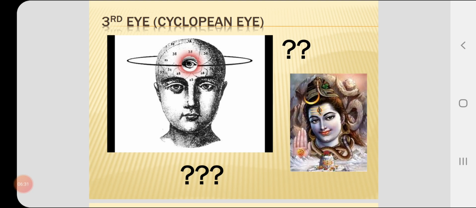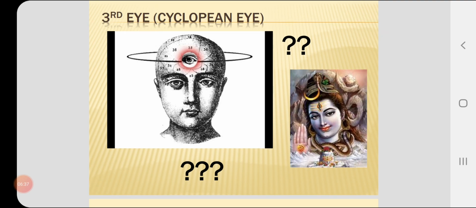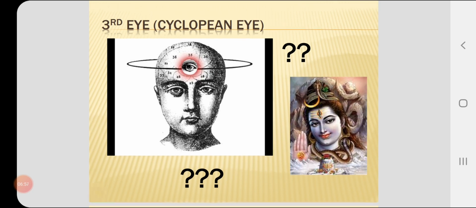One image is formed by the right eye, one image is formed by the left eye, so practically we should see two images, that is diplopia or double vision. But that is not happening. That is our cyclopean eye, as if we have a third eye which is combining the two images into one single image.